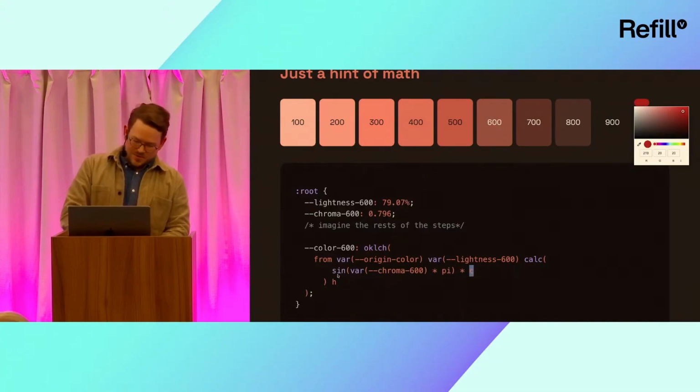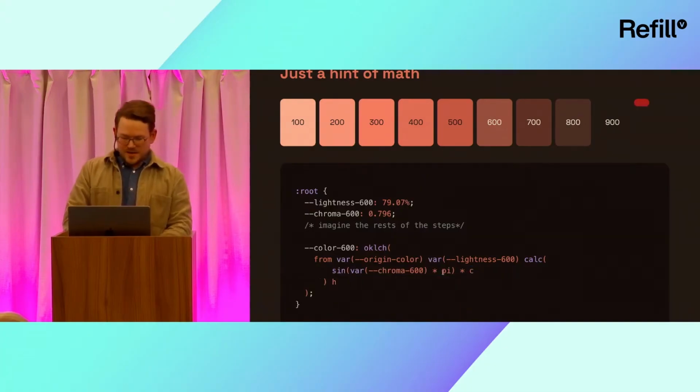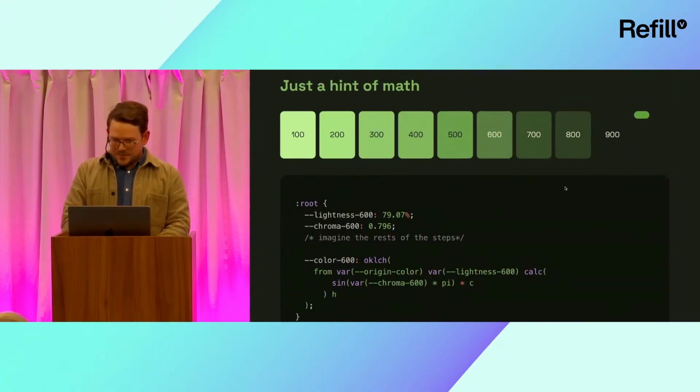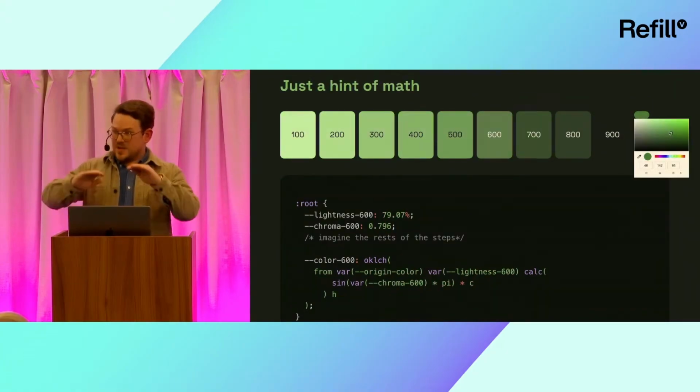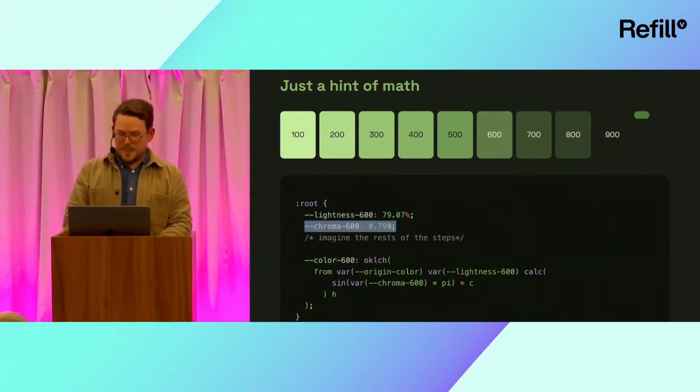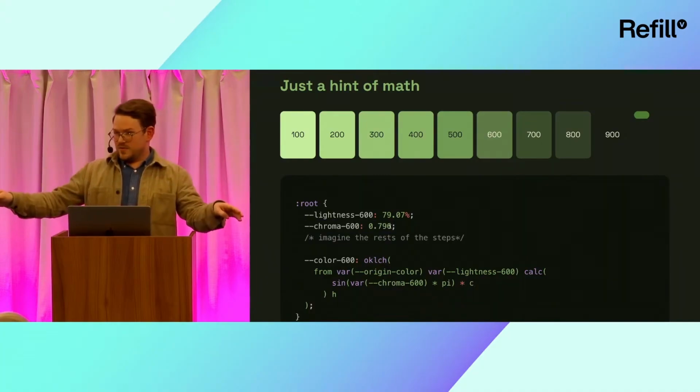But because we're doing the sine wave and the pi thing, it could taper off instead. So that means we're tapering off at the edges, and depending on our curve, all colors could taper off at the ends, or the extremes, rather.